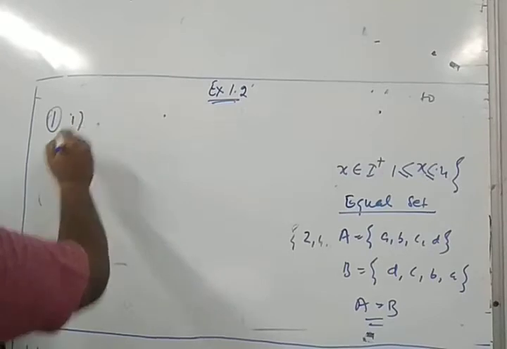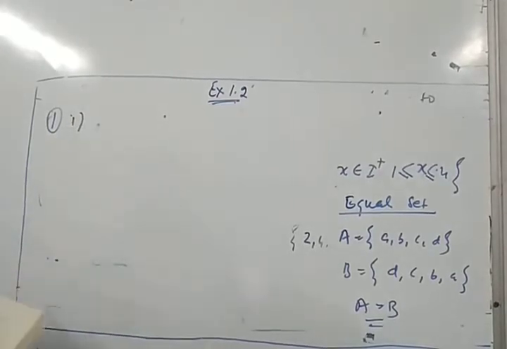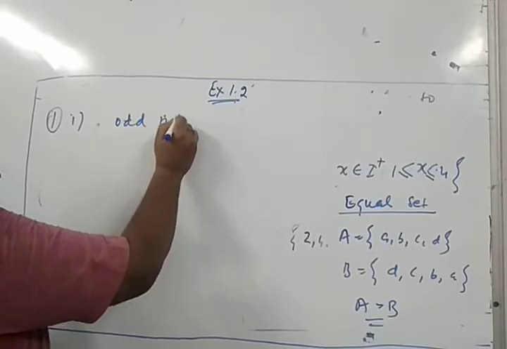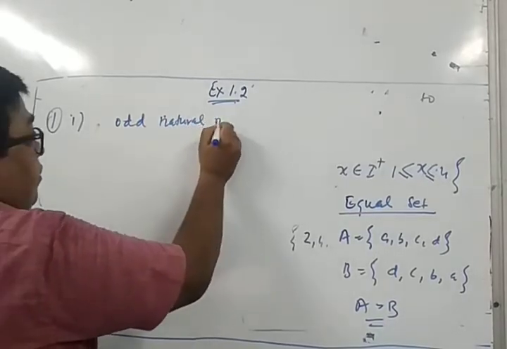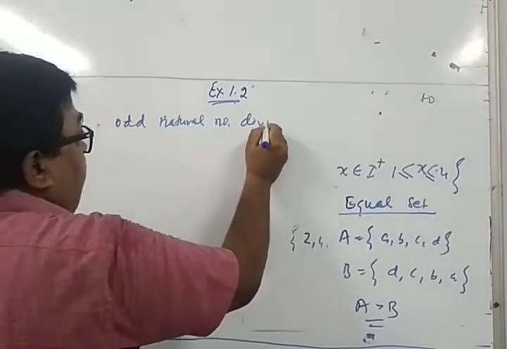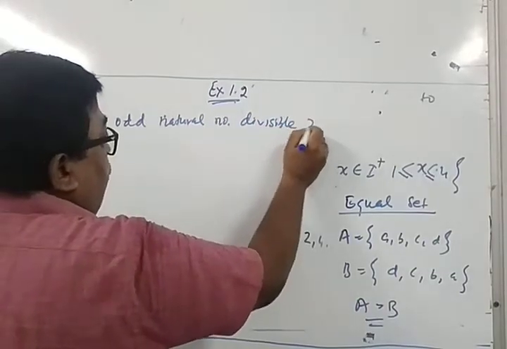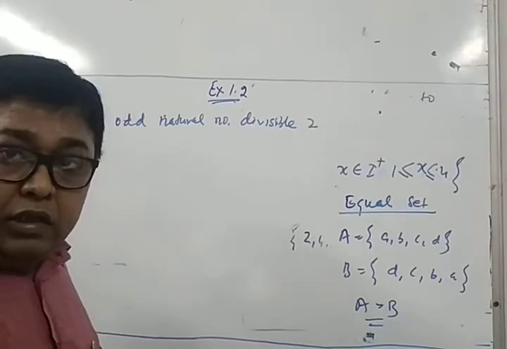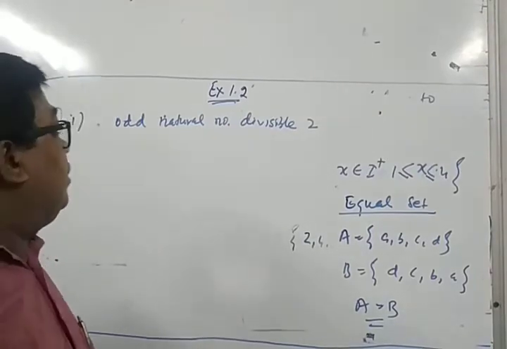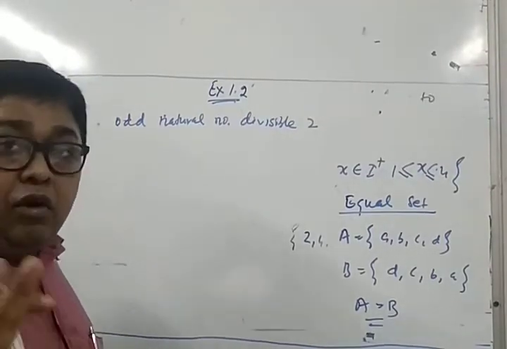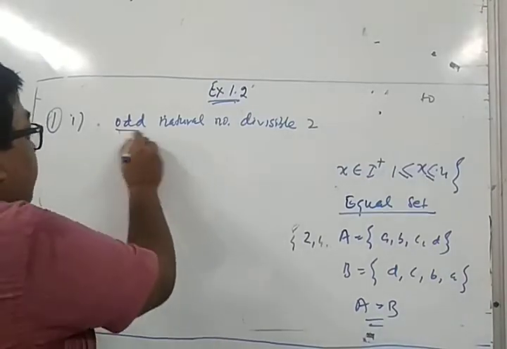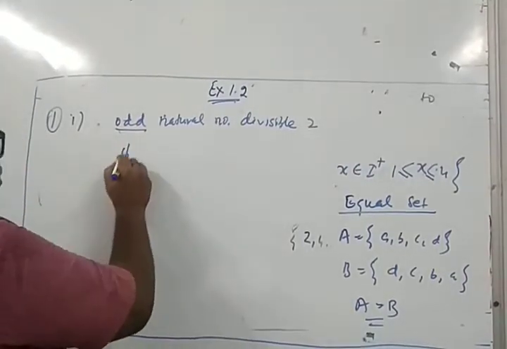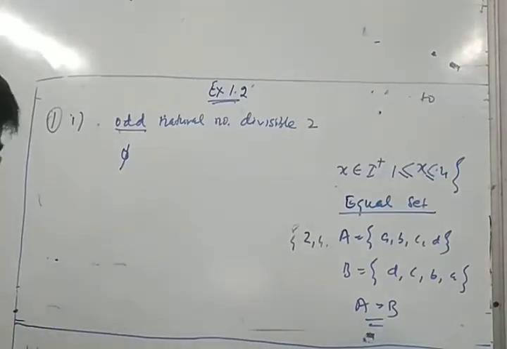The first part: the set of odd natural numbers divisible by 2. The statement is not valid. An odd natural number cannot be divided by 2. So this is a null set.